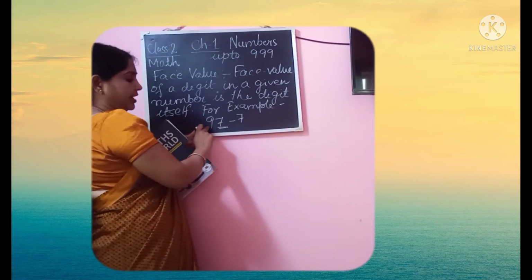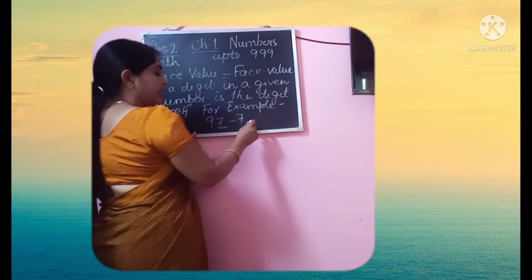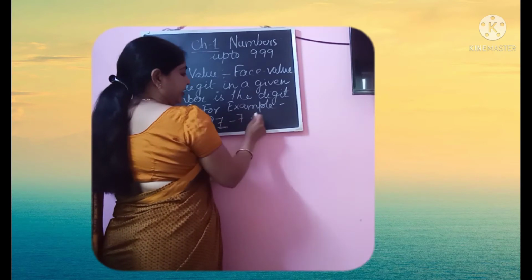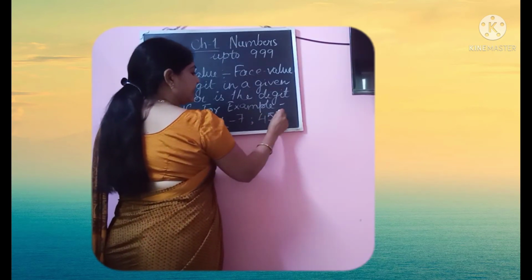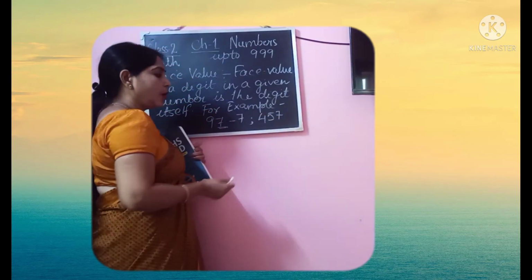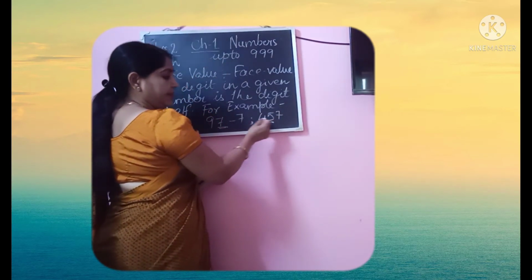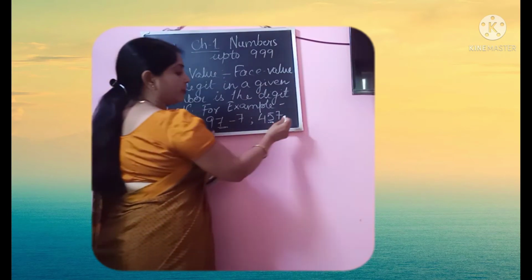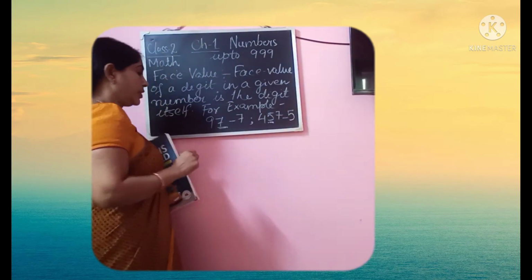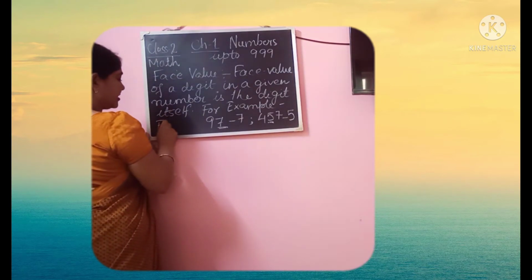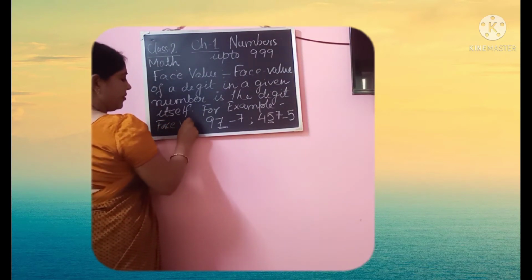Okay. The face value of 7 is 7. Say for example, one more number I will take, say 457. What is the face value of 5 here? The face value of 5 is 5. Okay, so you can write your face value.